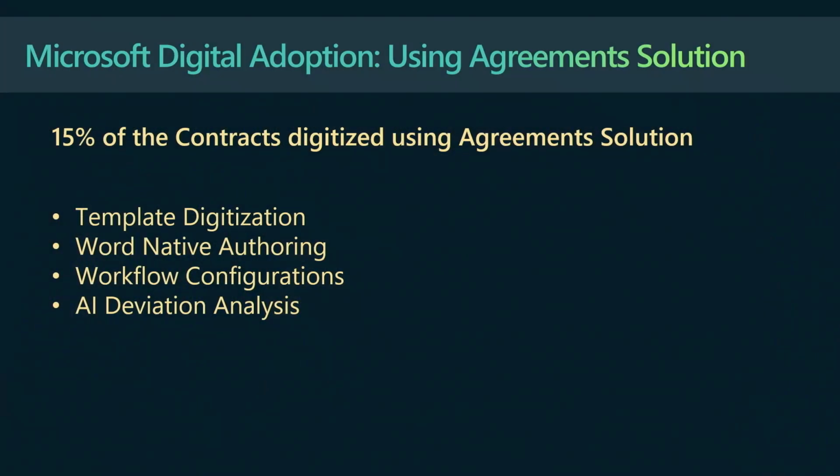We picked one use case internally and started implementing that: non-disclosure agreements. We picked NDAs for a couple of reasons. One, it is a healthy 15% of all volume generated annually. And it's also the broadest user base in Microsoft. A lot of people engage with suppliers for discussions and proposals, and every time they do that, they have to go through this NDA process.